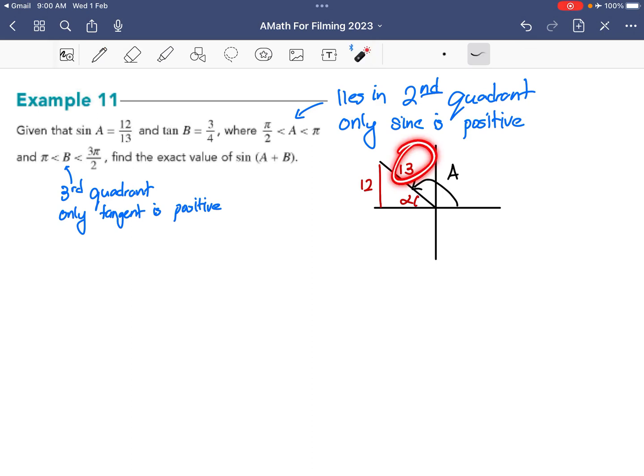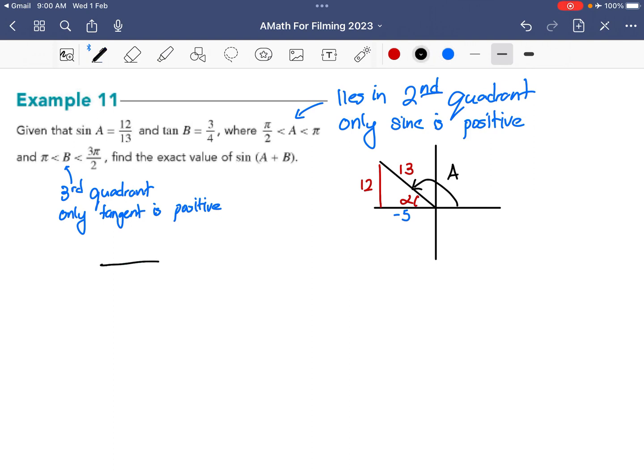If I apply Pythagoras' theorem, I take 13 squared minus 12 squared, square root it, and I will get 5. Since this is negative here, this will be negative 5. So this is a representation for angle A.